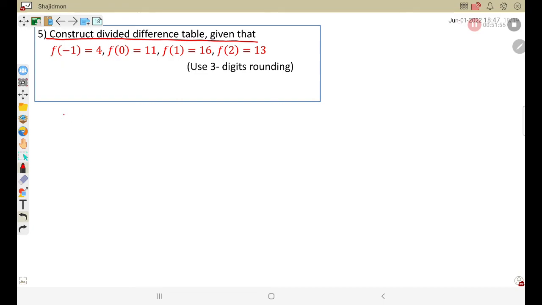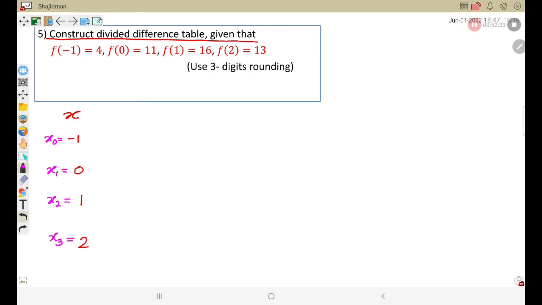So I am writing here the x numbers. What are the x numbers? Minus 1, 0, 1 and 2. That means x0, x1, x2, x3.